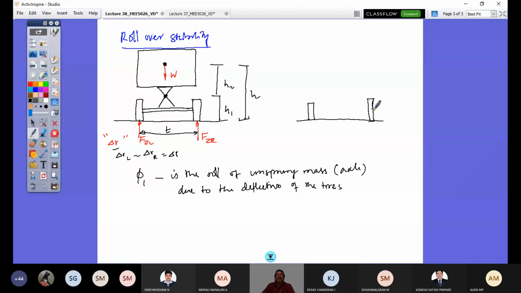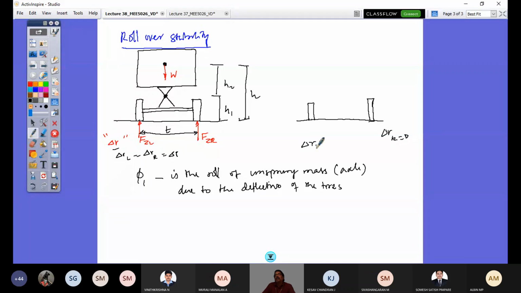That means a rollover about the left wheel contact point, about this point. At that time, delta R on this side becomes 0, whereas here delta R right becomes 2 times delta R. So this is what would happen on this side and this side with respect to tire deflection.